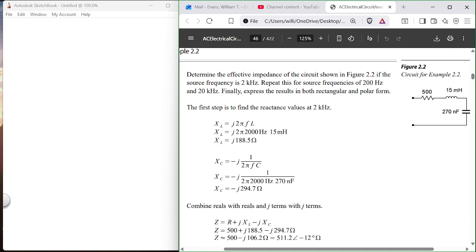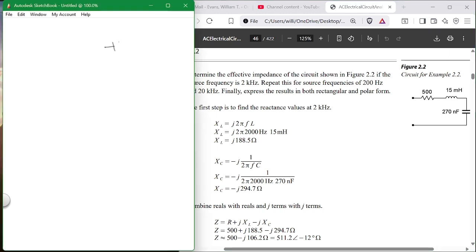But we'll write a capacitor and give you an X sub C. X sub C equals so many J. It's a minus so many J. And we'll write an inductor, and we'll write an X sub L, and it's J. This is a minus J number. This is a plus J number. Okay, that's all it is.